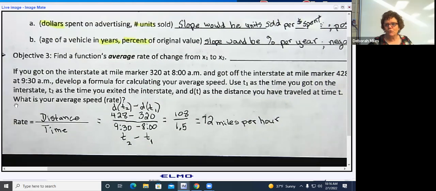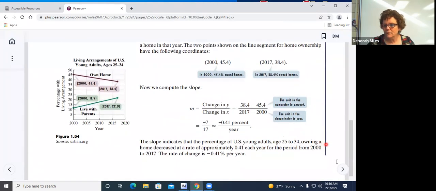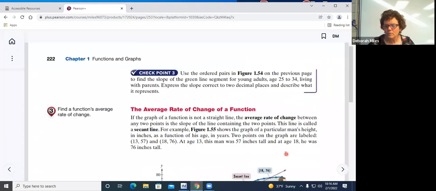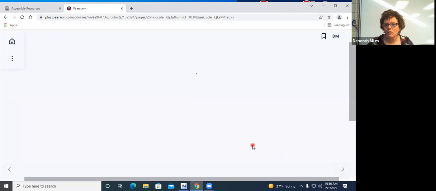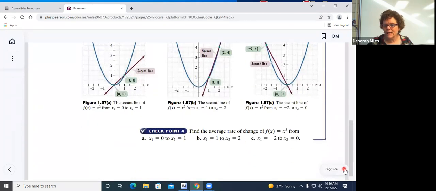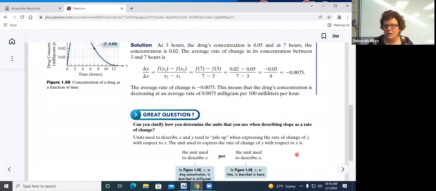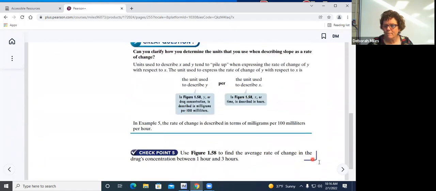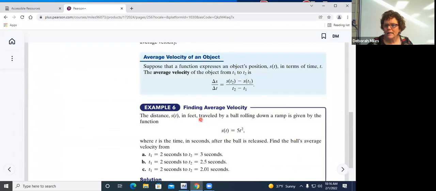And if you look at this formula in the book for average velocity, it's exactly what we have.